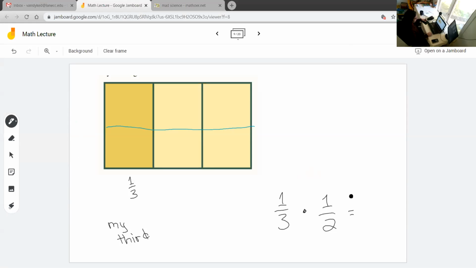You multiply the top separately. 1 times 1 is 1. You multiply the bottom separately. 3 times 2 is 6. I'm sorry, my brain is off. I'm doing this wrong. What I want to do is write times 2, top and bottom here. I'm not wanting half of my piece.